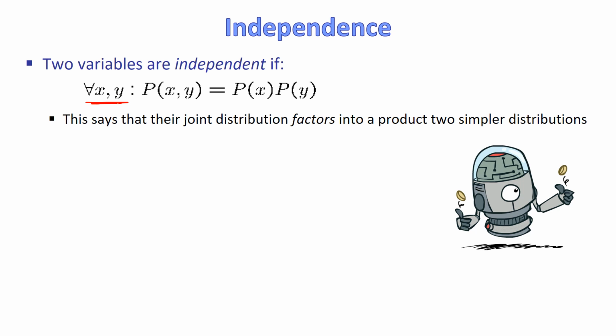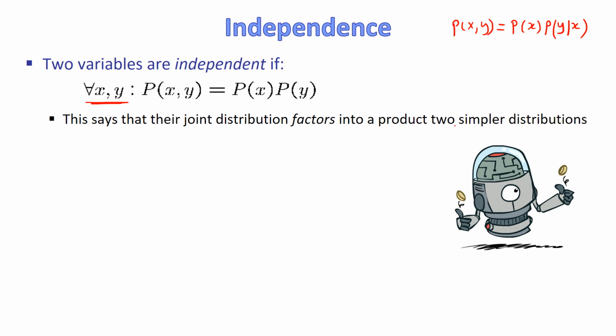Now remember that this is not what the product rule is saying. That's a special case of it. The product rule says that P of x and y, which is the joint probability, is equal to probability of x times probability of, not y, probability of y given x.